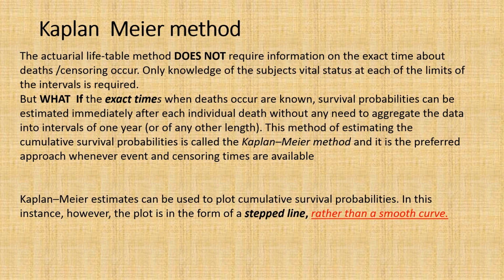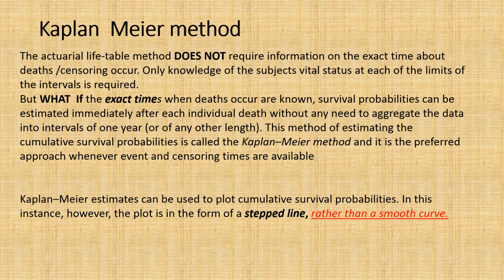The actuarial life table method does not require information on the exact time at which death and censoring occur, because it's a year-wise plan. We are just getting information on whether the patient is alive or dead. So what if we are retrieving information based on the exact death point or exact alive status of an individual?